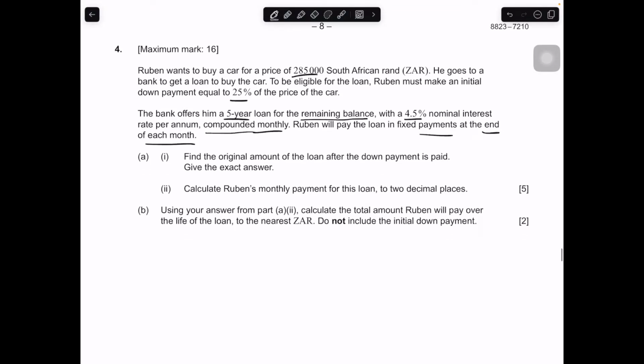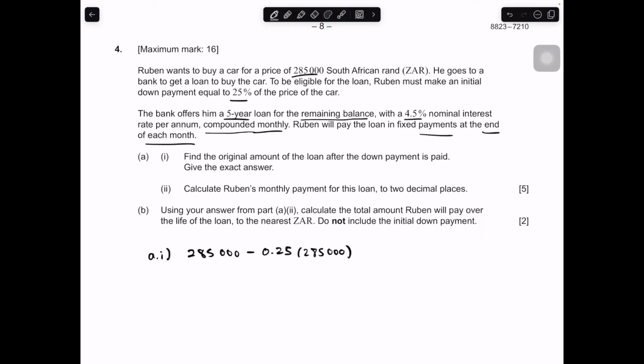So he wants to take out $285,000, but the bank isn't going to give him that whole $285,000. They're going to give him what is left over after he pays 25%, or 1/4, or 0.25 of that $285,000 loan.